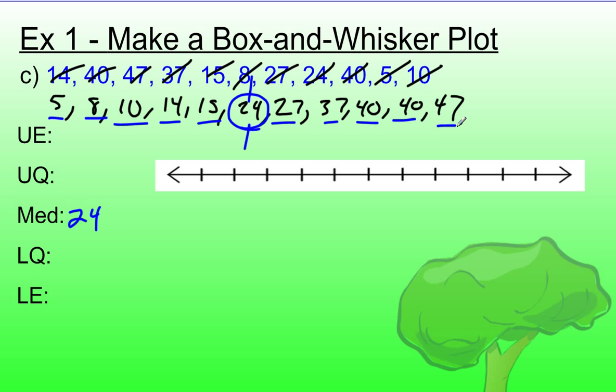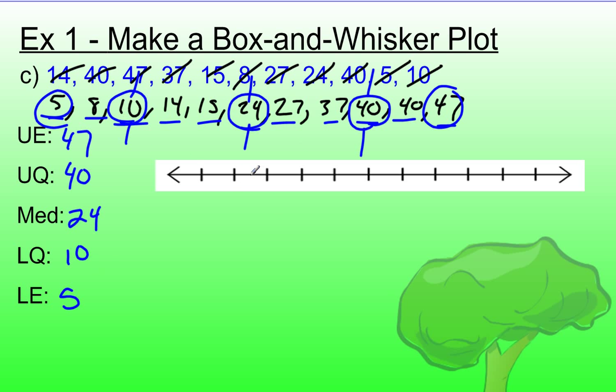Well, what's the halfway point here? 40. That cuts my numbers in half. The lower quartile, 10. The upper extreme, the biggest number, is 47, and the lower extreme is 5.